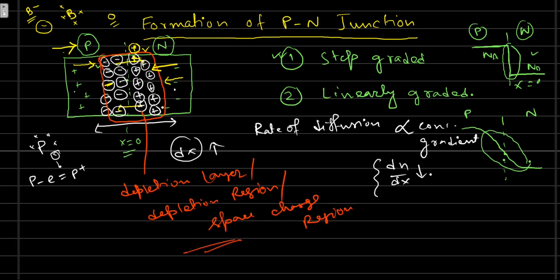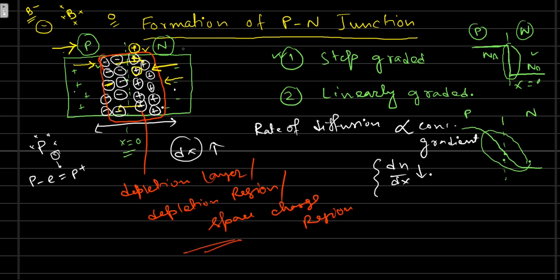Due to the presence of those positive ions, the hole will be repelled back into the P side. So when the magnitudes of the diffusion force and repulsion force are exactly the same, there will be no further diffusion, and we can say the structure is in equilibrium.